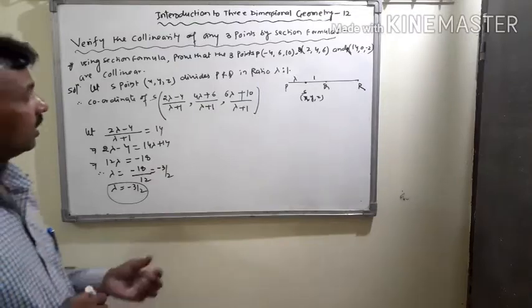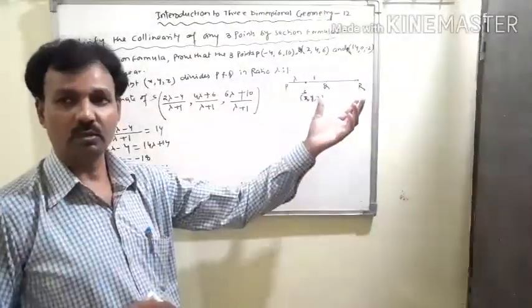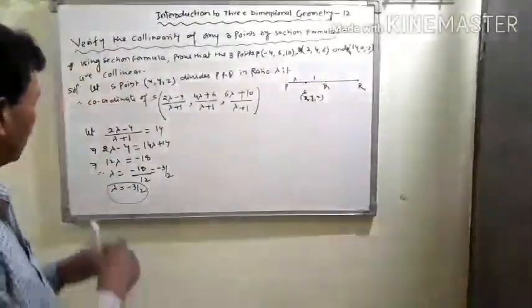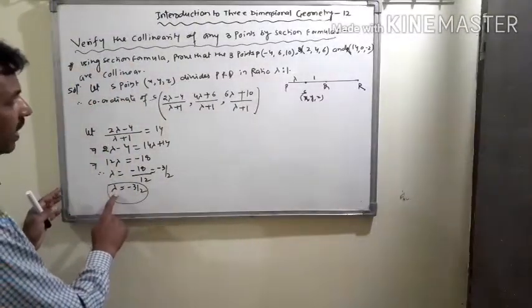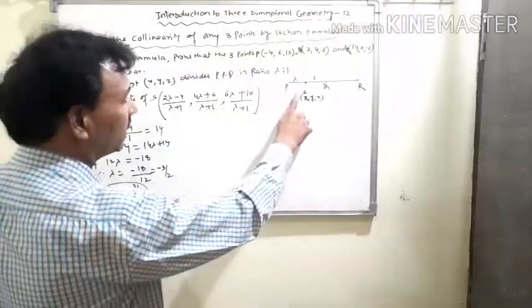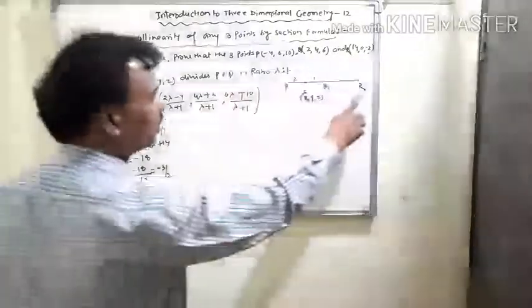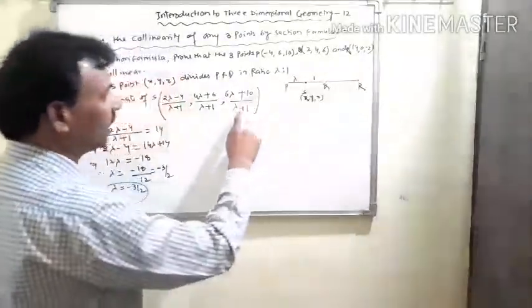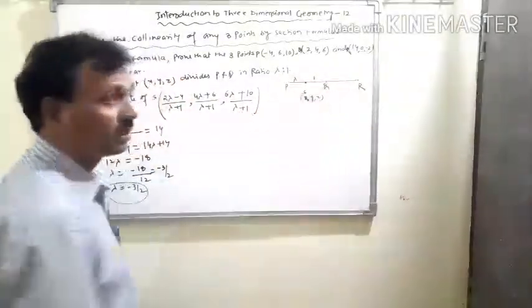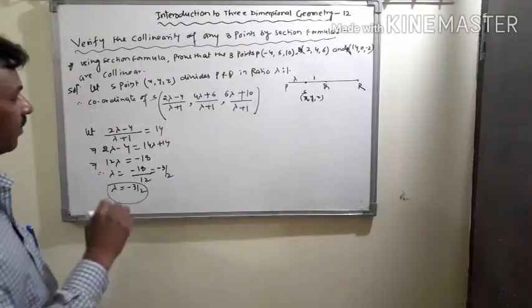Now, to prove that P, Q, R are collinear, we put the value of lambda in the y coordinate and z coordinate of S. If we get the y coordinate equal to the y coordinate of R and the z coordinate equal to the z coordinate of R, then we can say that P, Q, R are collinear.